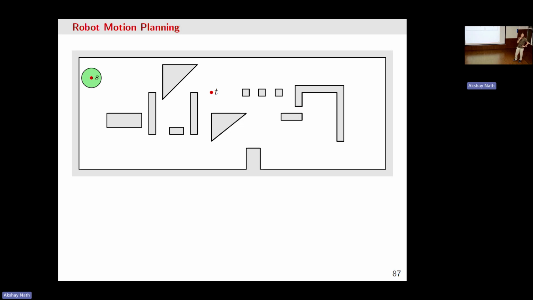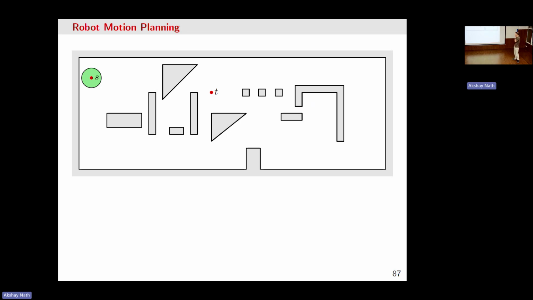And I want to start with a motion planning application. Let's say that I have this workspace in the plane. I have some vacuum cleaner robot, which is my disk. Typically the goal of a vacuum cleaner robot would be to vacuum clean the whole thing, but now I only want to go from here to here.